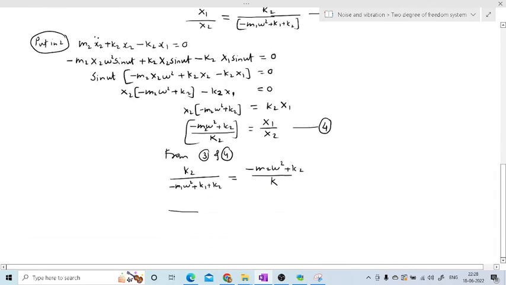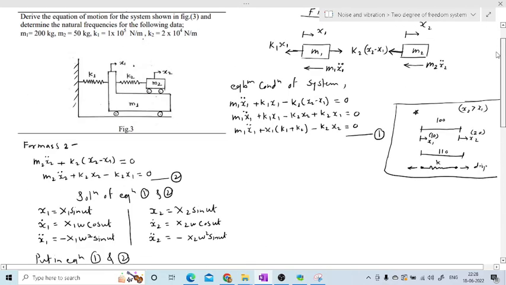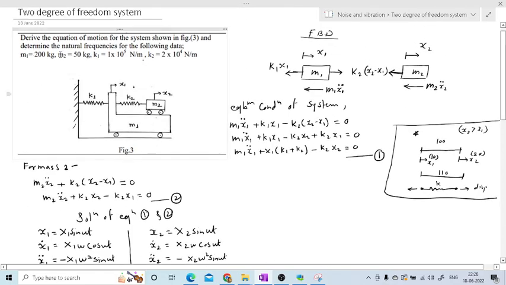So here I am going to write m1 is 200, m2 is 50. Okay, so m1 and m2 I have written. Now write k1 and k2: k1 is 10 raised to 5, k2 is 2 into 10 raised to 4.